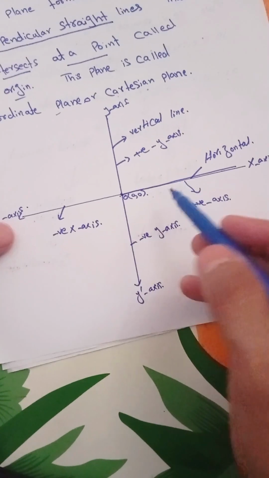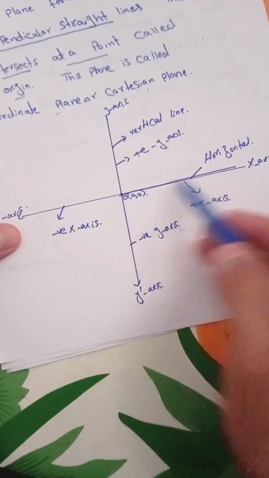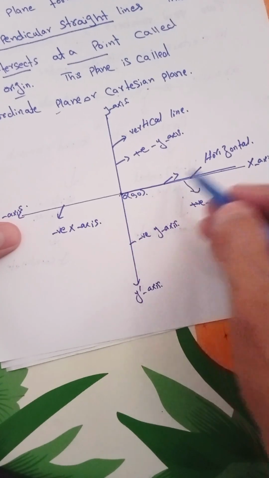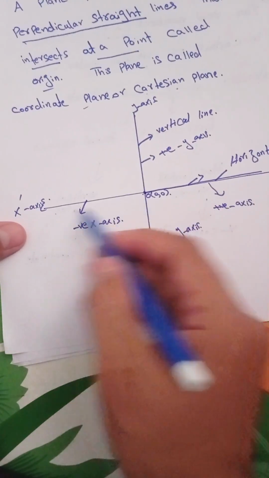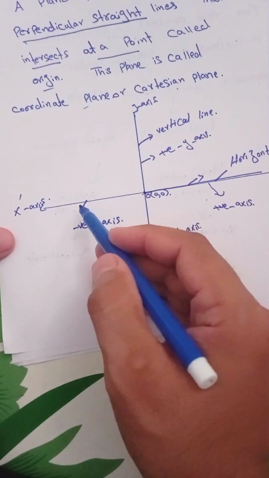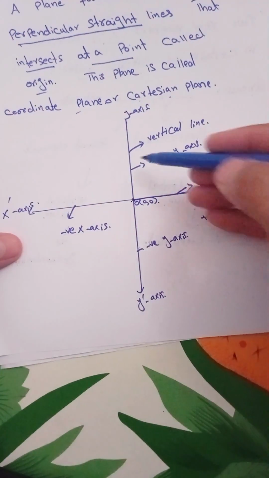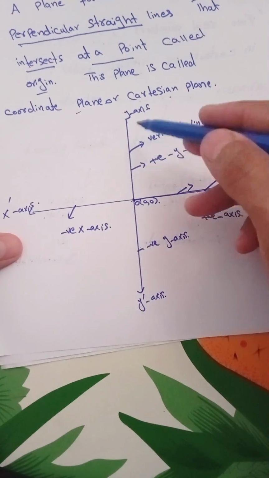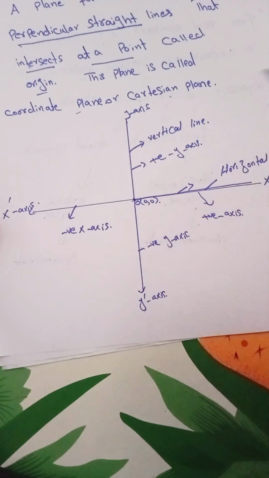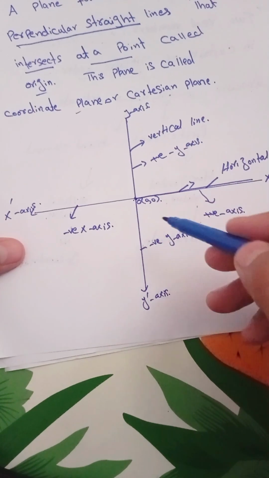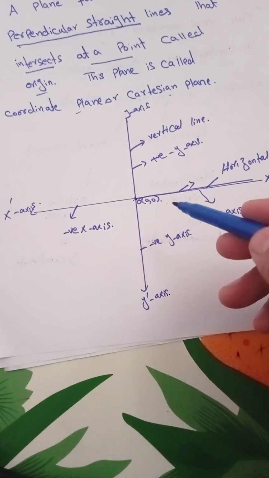This means this part represents the positive x coordinates and this part represents the negative x coordinates. Similarly, the above portion represents the positive y coordinates and this portion represents the negative y coordinates.